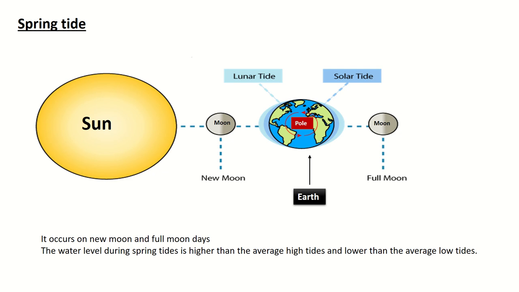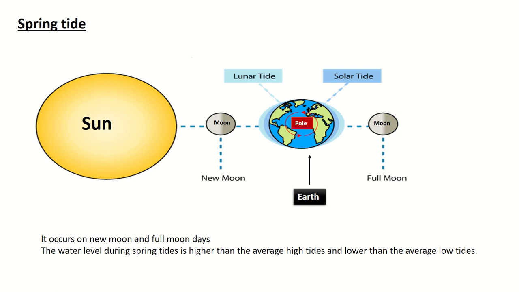Now we will see how it happens on the new moon day. Sorry, full moon day. The sun will try to pull the moon because of the gravitational force between the sun and the moon. So the moon will come closer to the earth, and the earth will also try to pull the moon.